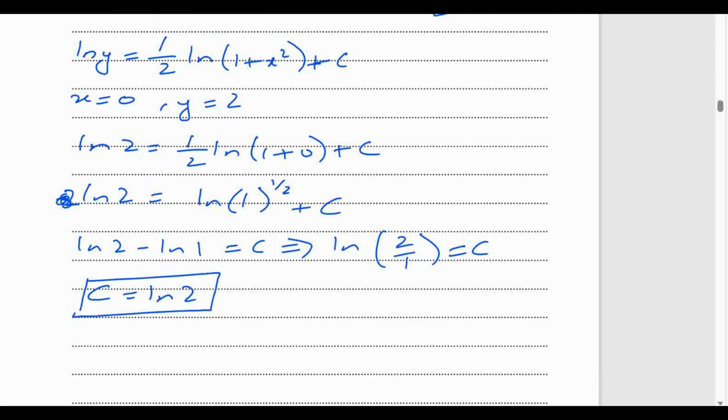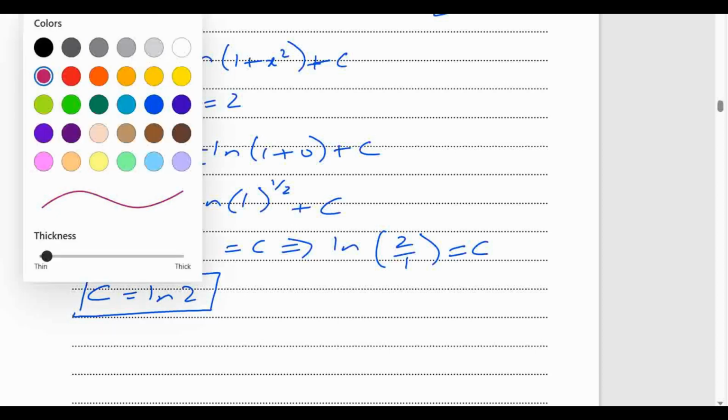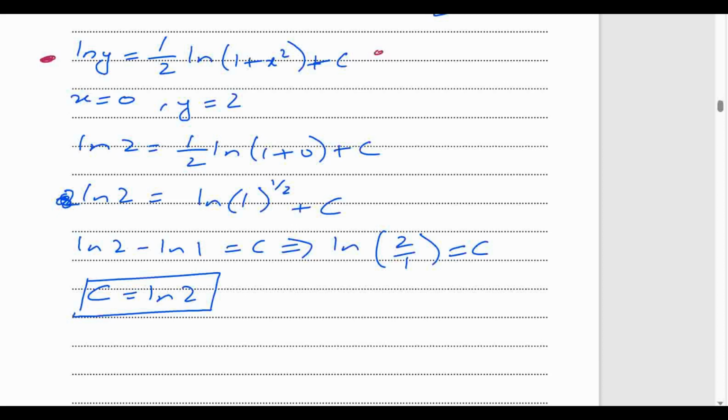So what will be the equation then? Now we can use the first one, this one, and just put the value here. So this will be equals to natural log of y is equals to 1 by 2 natural log of 1 plus x square plus natural log of 2.